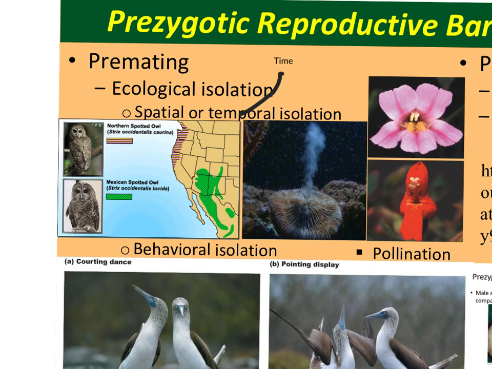Well, obviously corals, there's all these different species of coral, and they release their gametes into the water column. The males release sperm, the females release eggs, and then the eggs are fertilized in the water column. Well, if all the different coral species released all their sperm and eggs at the same time, it would be a mess.